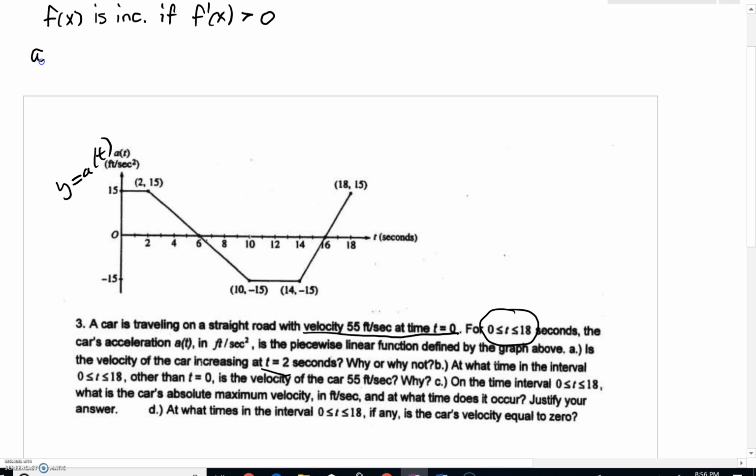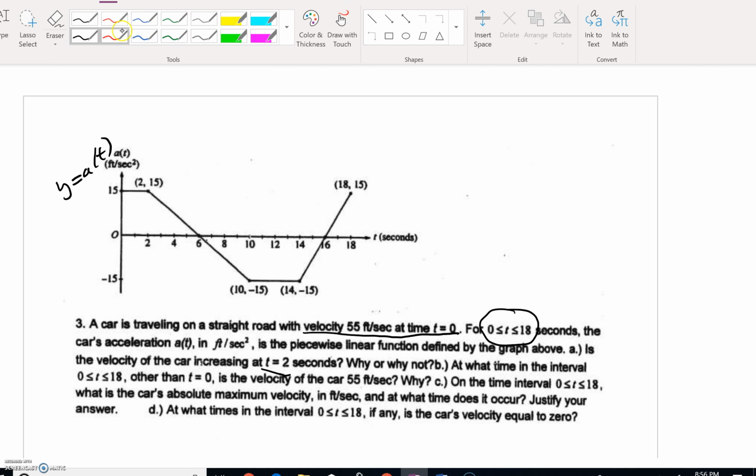So for part A, we can say v of t is increasing if v prime of t, which by the way, that's really what a of t is, is greater than 0.